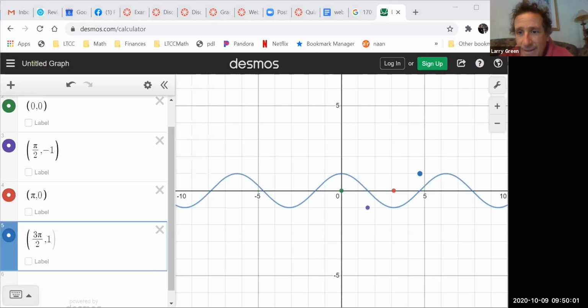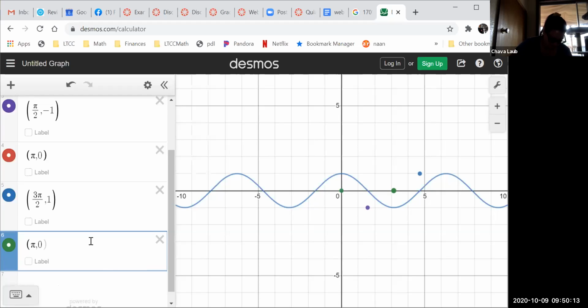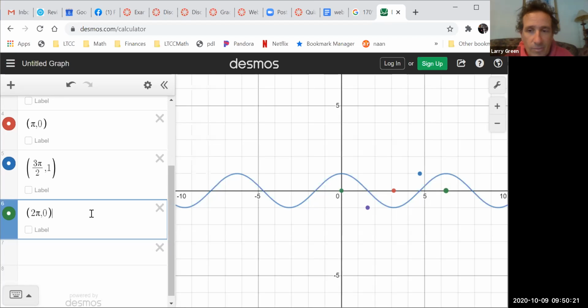At 2 pi, what's the slope of the tangent line? Zero. I said pi, but 2 pi is what I meant, because that's where we are.